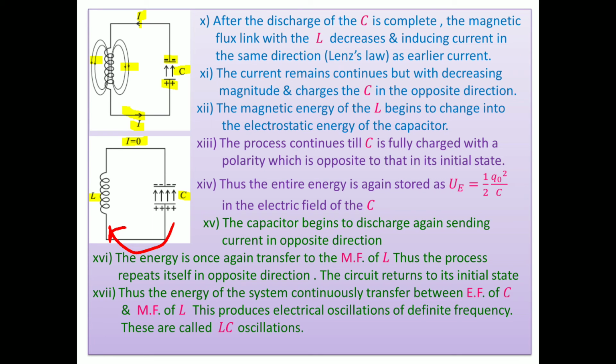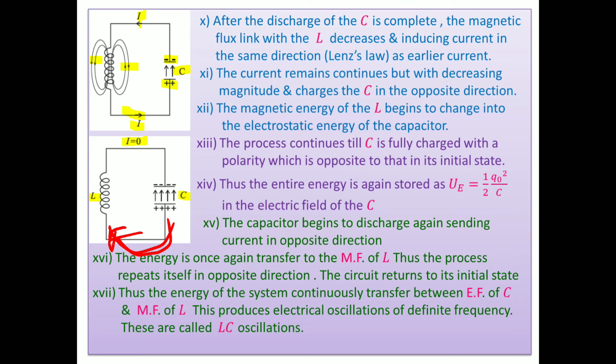The magnetic field energy gets converted again into electric field energy, half Q naught squared upon C, in the electric field of the capacitor. Then the capacitor again begins to discharge, sending current in the opposite direction. Look here, the capacitor sends a current in this direction, and the energy is once again transferred to the magnetic field of the inductor.